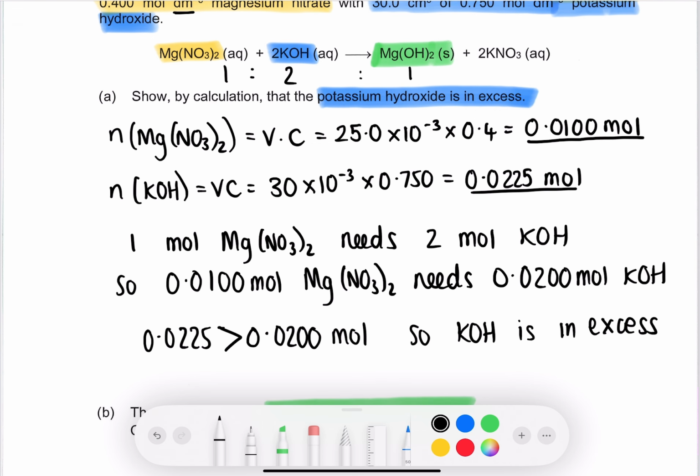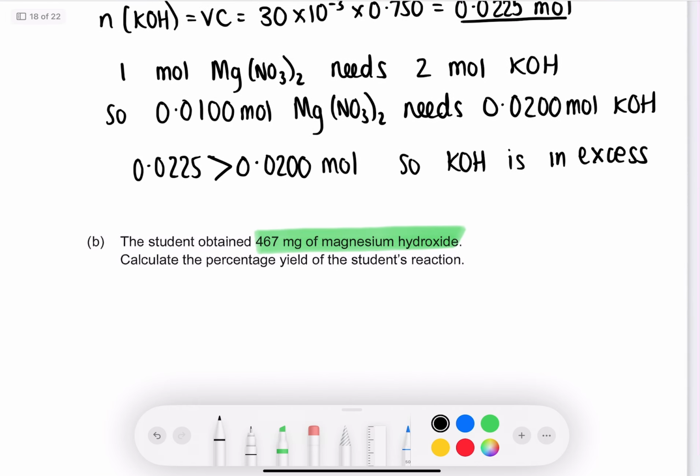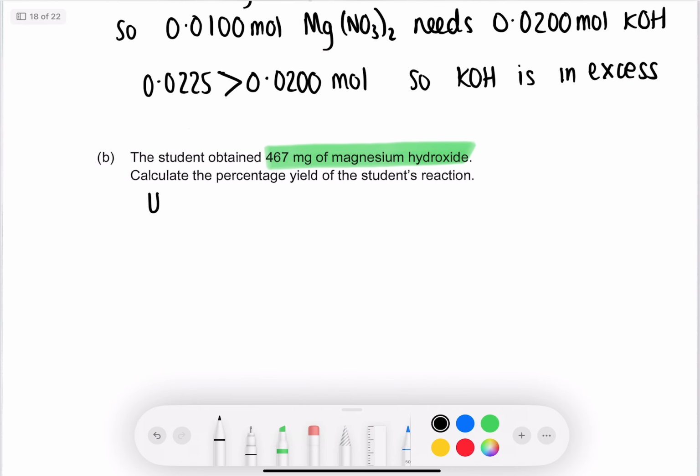So do we use the magnesium nitrate to help us decide how much we could make in theory, or do we use the potassium hydroxide? Well, you need to use the limiting one, the one that had all used up, so not the excess. So use the limiting reagent to work out the theoretical moles.